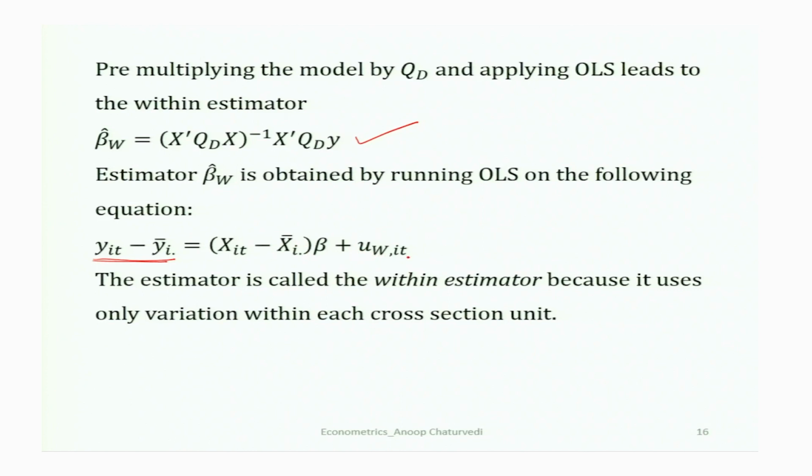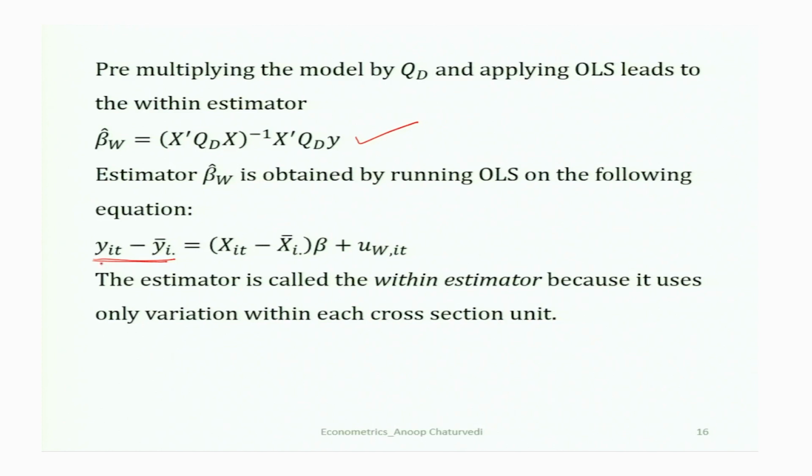And when we apply OLS to this model, we get the within estimator, and the reason is that it uses only variation within each cross section unit.